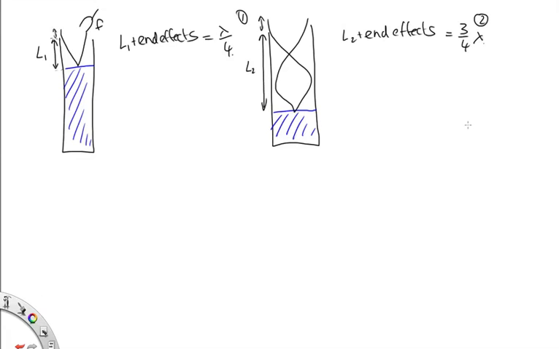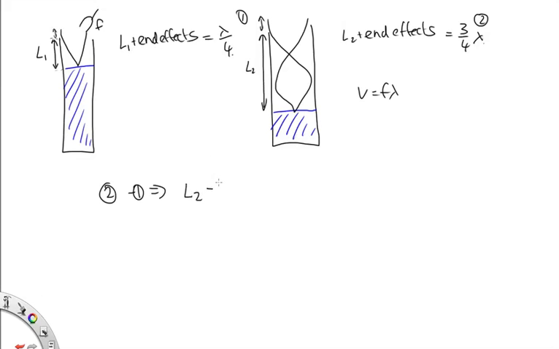What we're trying to do is find the velocity. We know the frequency from the tuning fork, and so if we can work out the wavelength, we can then use v equals f lambda to get the velocity. So let's do equation 2 minus equation 1. So we'll have L2 plus end effects minus L1 plus end effects.